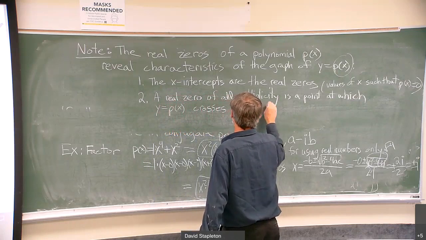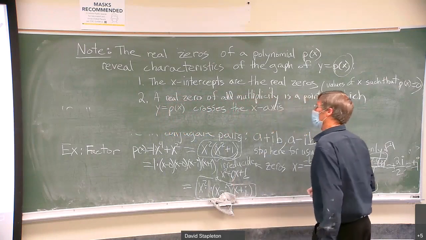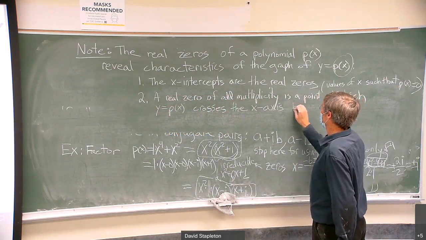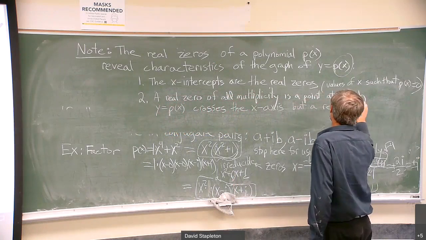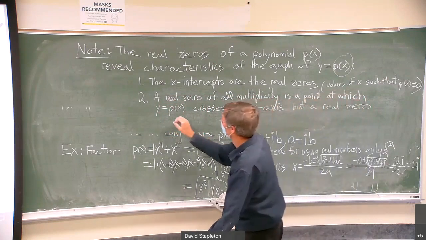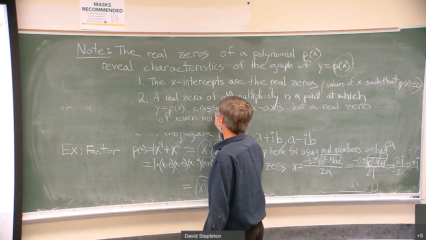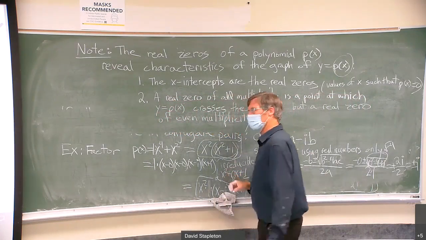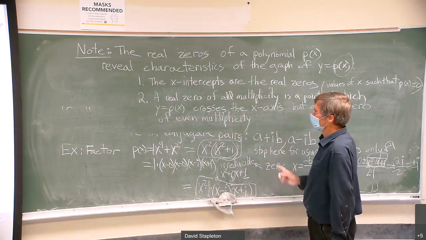Think about it, you can see why. We'll mention as we go here. But a zero of even multiplicity corresponds to a point where the polynomial just touches the x-axis and bounces off, goes back where it came from. Came from down, it goes back down.